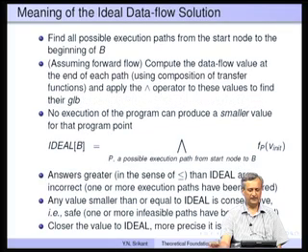Now we want to look at the meaning of an ideal data flow solution.